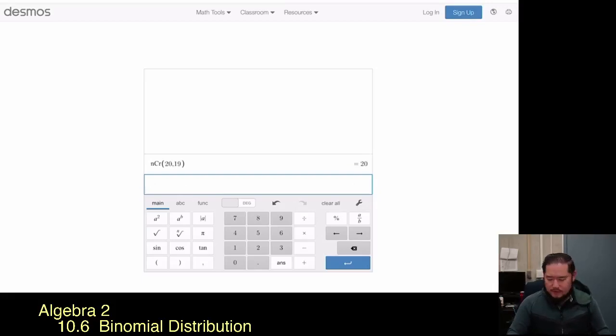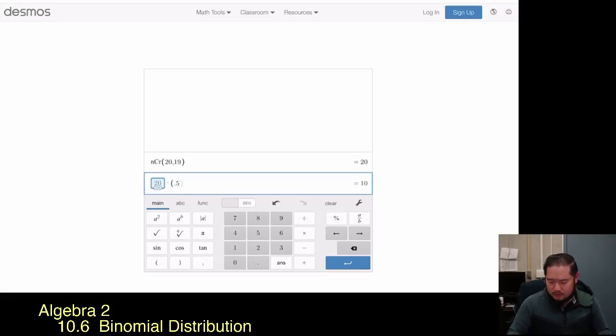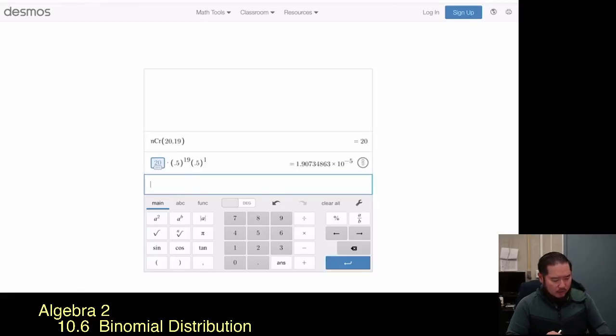And then from there, we need to take that answer and multiply it by 0.5, raised to the 19th power. And then let's take the probability of our failure, which is 50% or 0.5, and raise that to the first power. We don't really need to, but that's part of the problem. I'll plug it in, and let's see what we get.